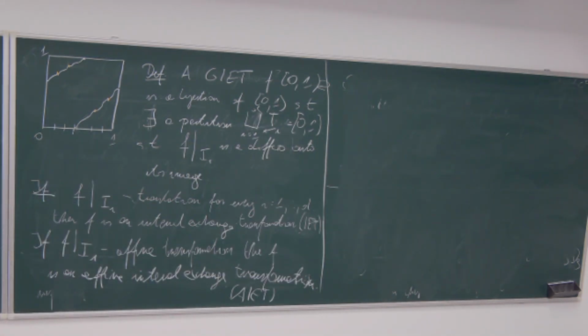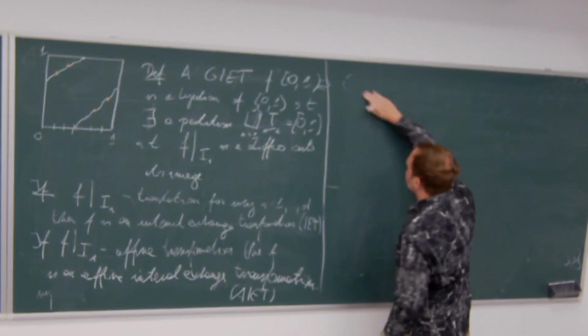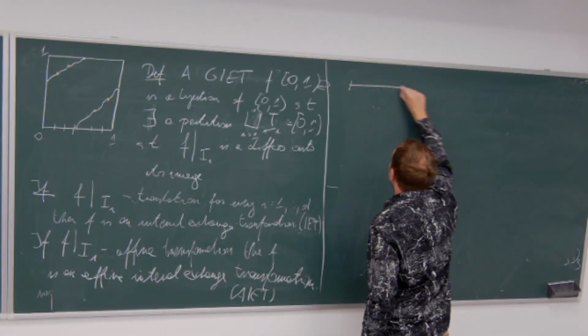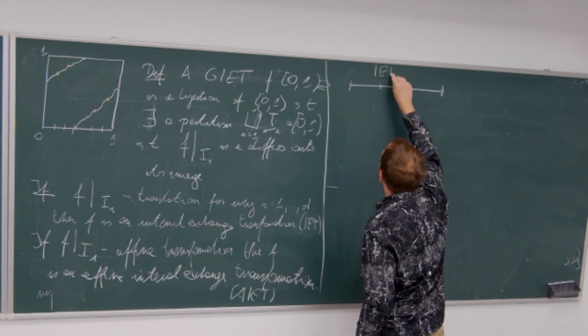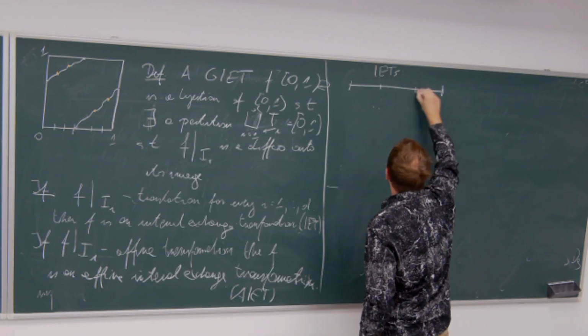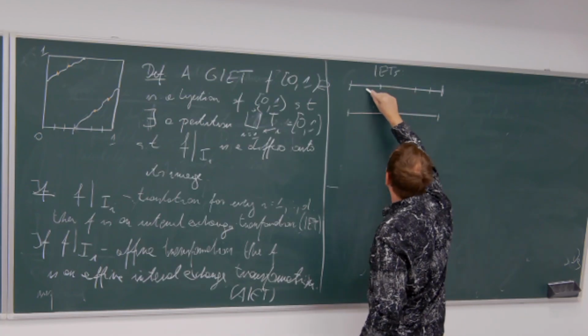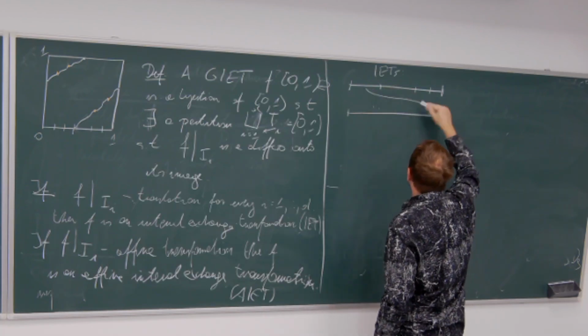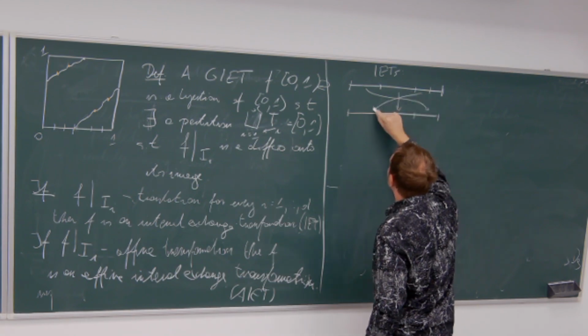Let's start with the simplest possible case, which is interval exchange transformations. They are very nice because you can see them as bijections, and then you just change the order of your intervals. It's going to be like this.